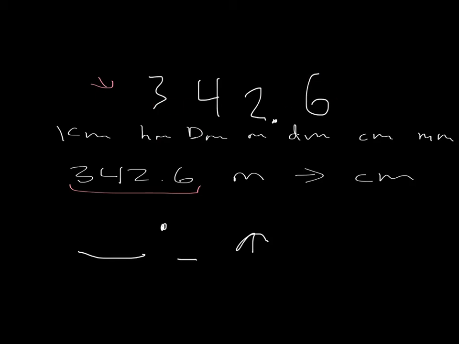Now to convert that to centimeters, all I actually have to do is move the decimal. So I take the decimal that was here, and I move it from here to the same spot at centimeters. So it would go here. And now I have a blank spot above centimeters that I would need to fill in with a 0.